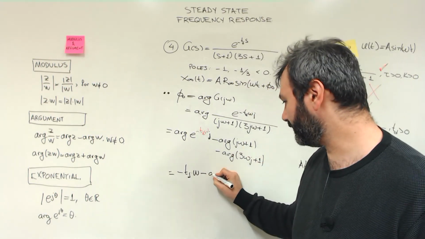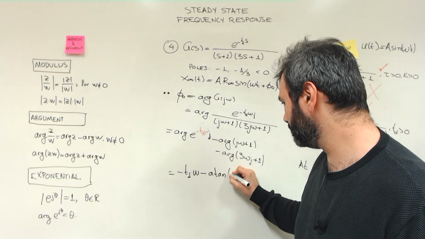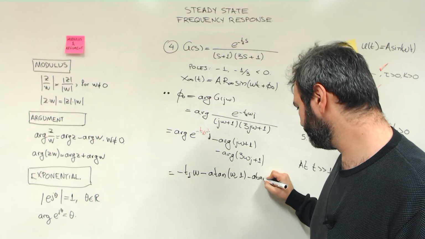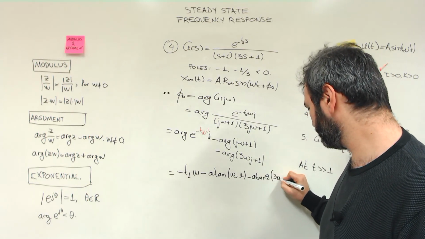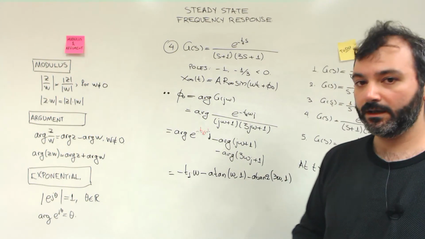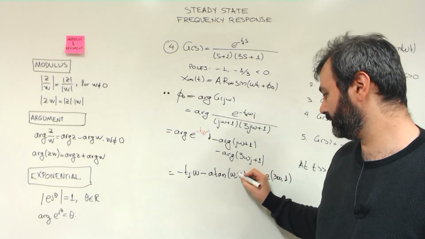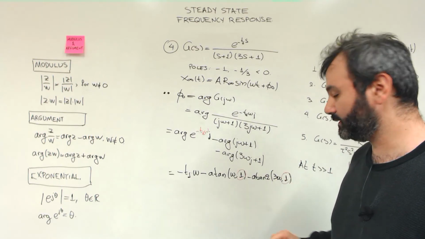Then here we have a tan 2 of omega comma 1, and the same as before, the second argument is positive. That is positive. Here again, this is positive.